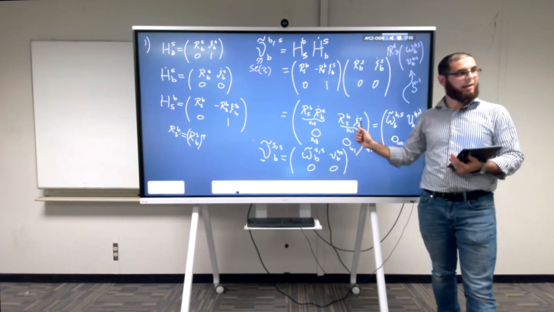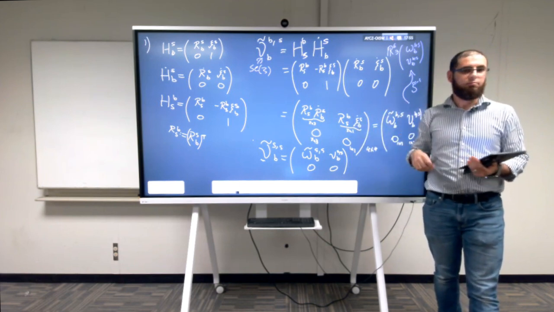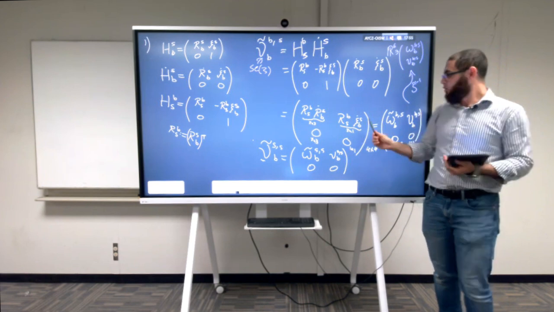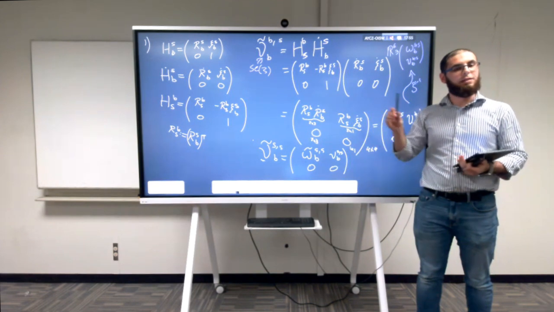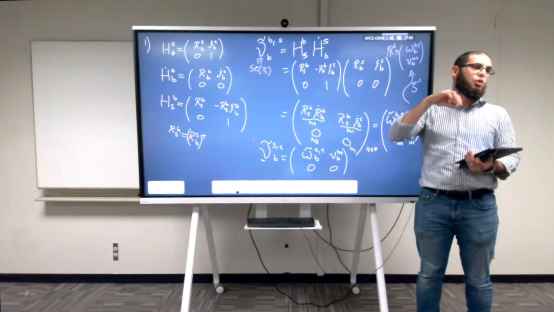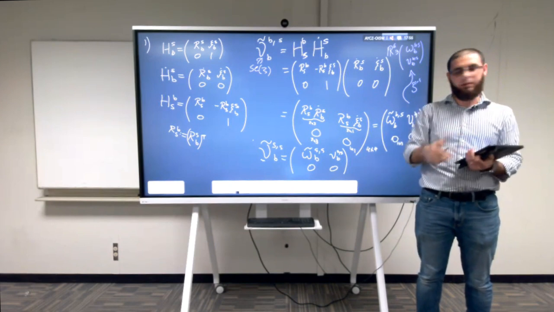So you're thinking of this as a vector, and this is rotating it, right? That's not true. This is a vector of the point B as seen from S, in other words, expanded in the bases that you chose at the stationary frame.